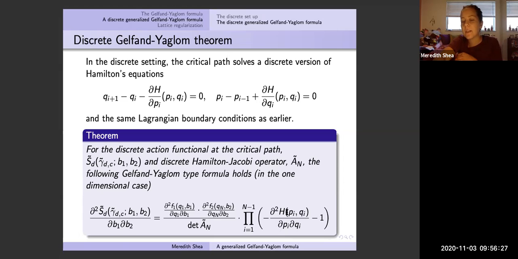But if you consider any Hamiltonian without mixed terms in it, then you get back what you kind of think. And like in the paper, this is totally written up in any dimension you want. The only thing that changes in this formula is you get a lot of determinants of everything. So like you get the determinant of the derivatives of the action, you get these determinants of the derivatives of F1 and F2 and determinants of this.